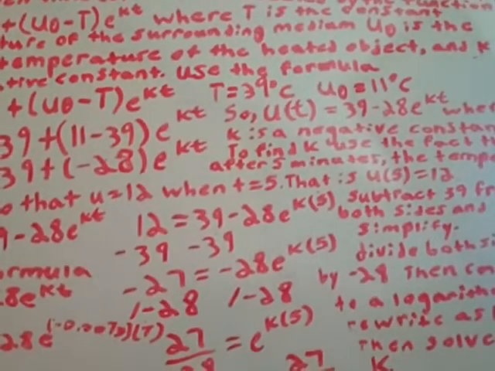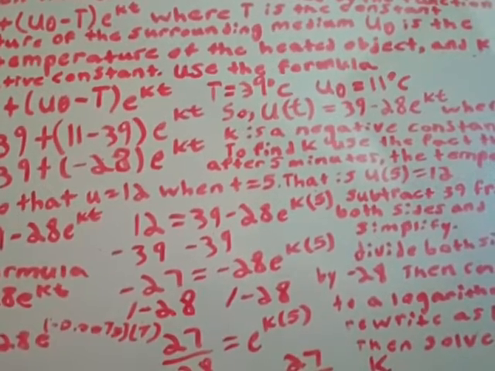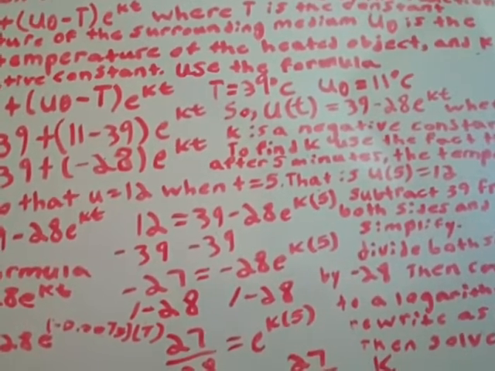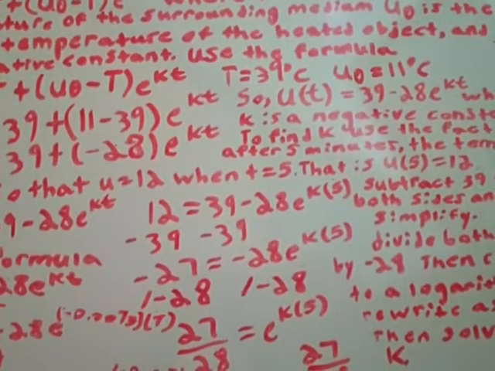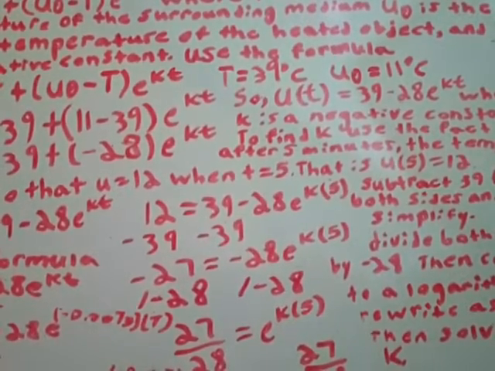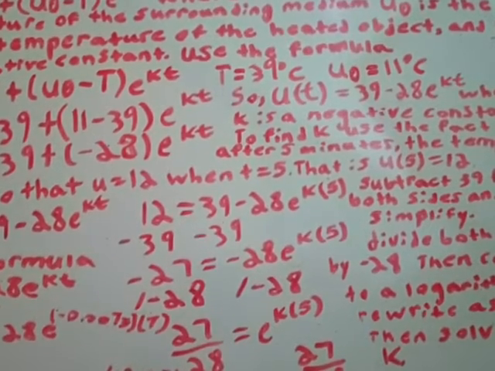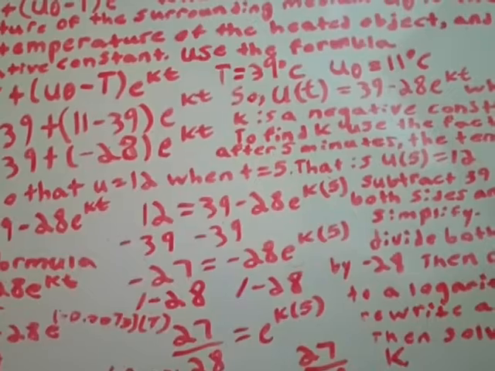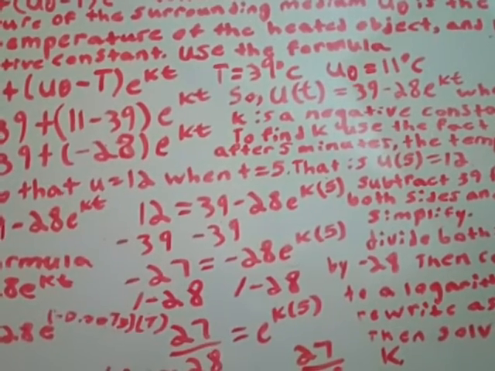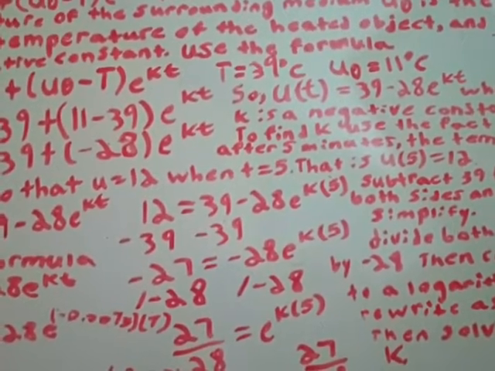So I can plug in that value for t to help me solve for k. Now I have U(t), which is 12, equals 39 minus 28 e raised to the k times 5 power.